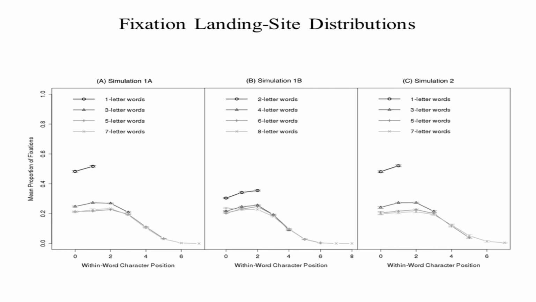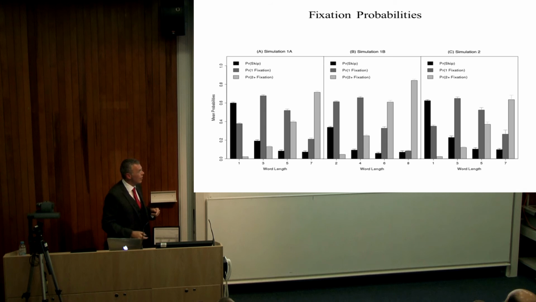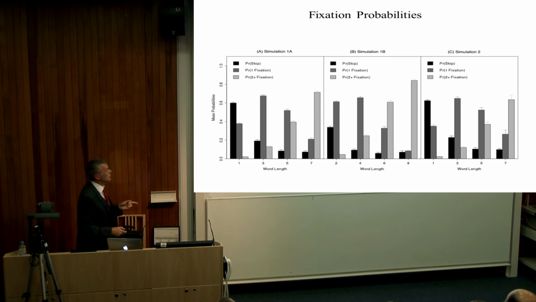Okay. So the next few slides are largely replication of what I showed you earlier. These artificial neural network reading agents show the same types of landing site distributions as the previous artificial reading agents. They show similar patterns with respect to the probability of fixating once, fixating 2 or more times, and skipping words.